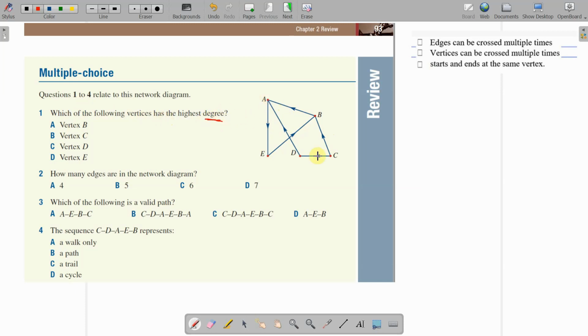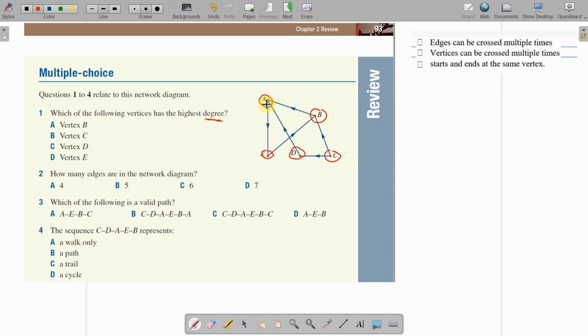Now let's have a look where the vertices are. They're labelled A, B, C, D and E. There's our 5 vertices. And the degree comes from how many edges are attached to them, either going away from or coming towards.